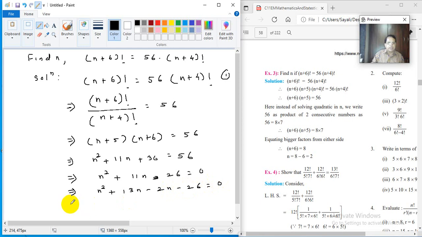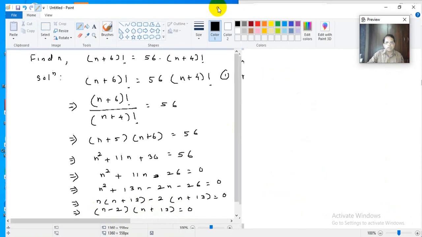So this implies n into bracket n plus 13 minus 2 into bracket n plus 13 is equal to 0. So that implies n minus 2 एक bracket आणि n plus 13 हा दूसरा bracket. This is equal to 0. But then what does that mean?